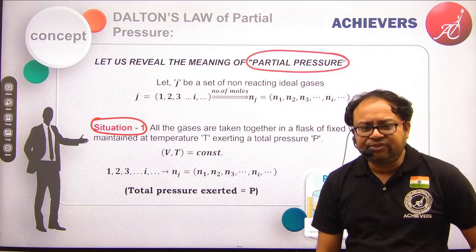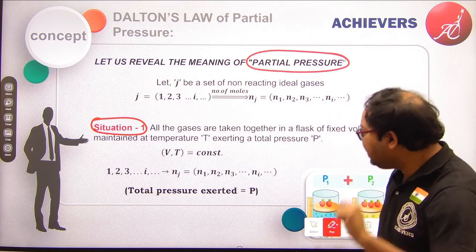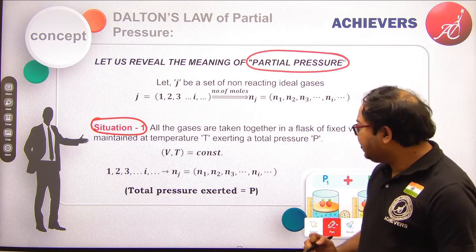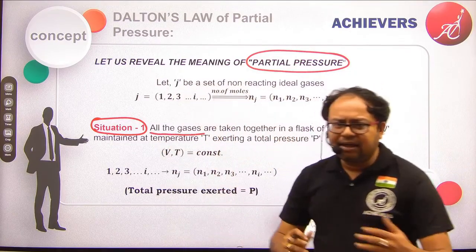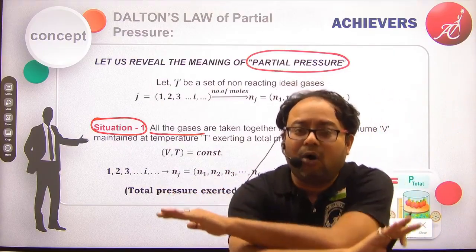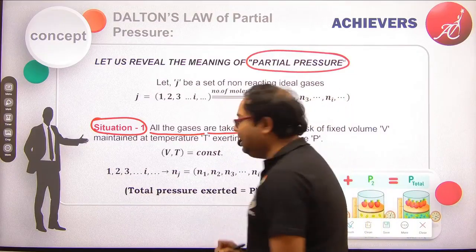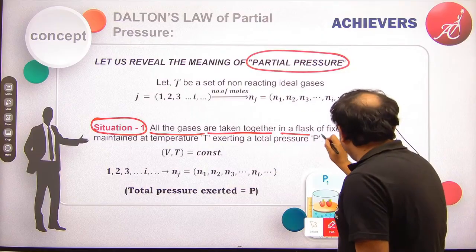What this situation is showing is that you have taken all the gases together, an ensemble, a collection of gases, in a flask of fixed volume V.